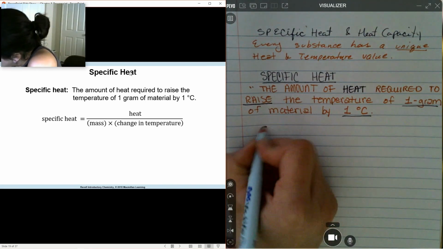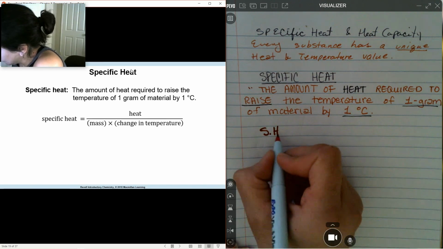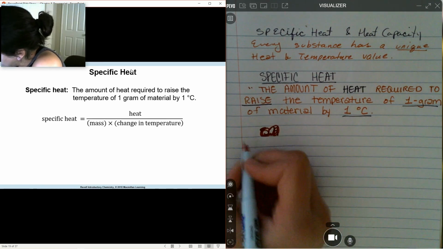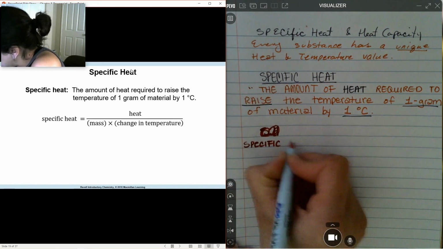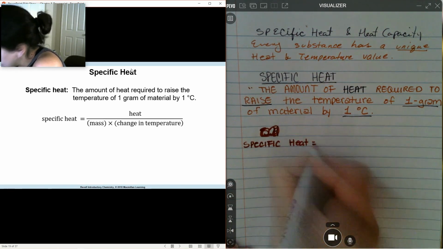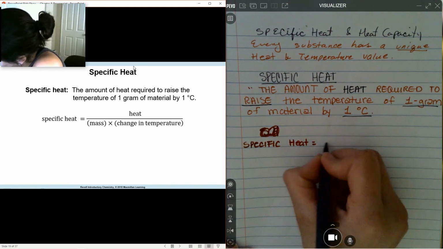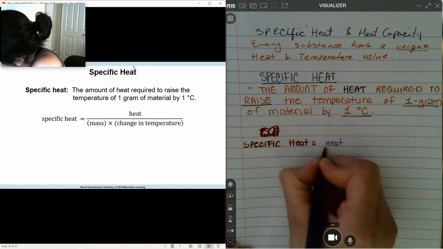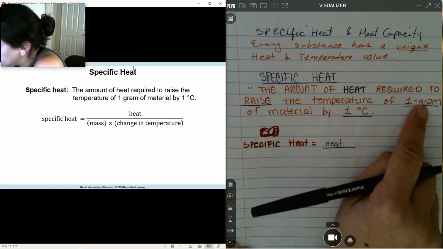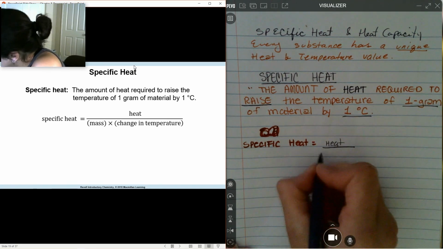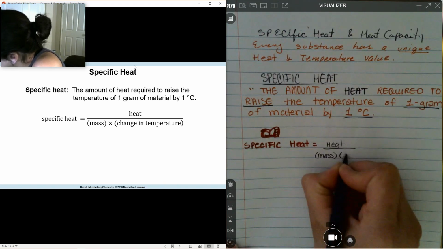So I'm going to write SH right now. Actually, no, I'm not going to write this SH. I'm going to write the whole thing out because I have a plan. Specific heat is equal to the heat divided by, remember we're using mass and we're using temperature, so divided by the mass times the change in temperature.